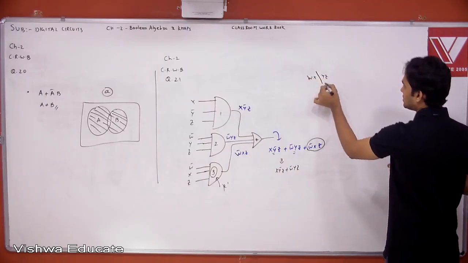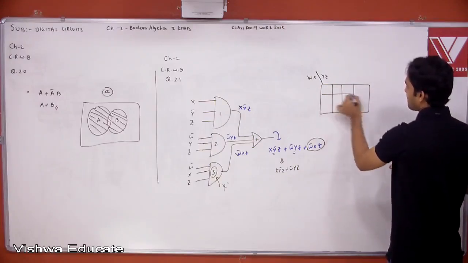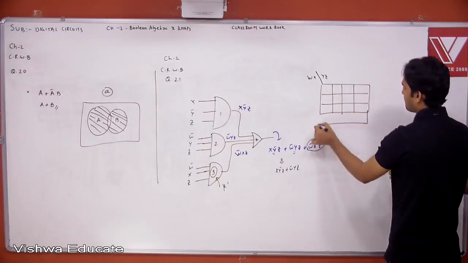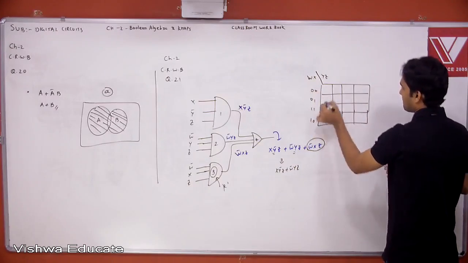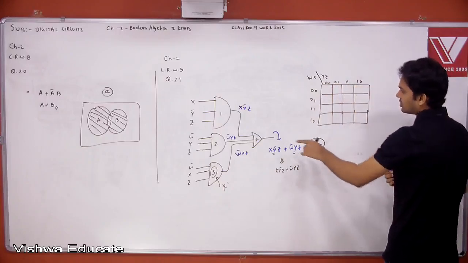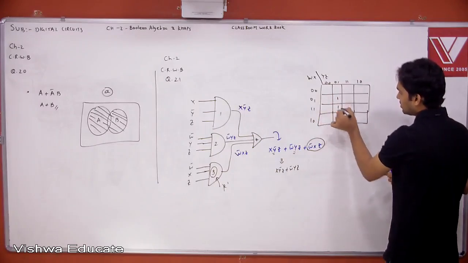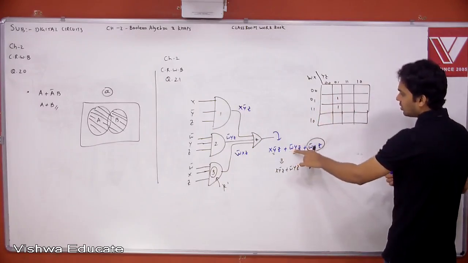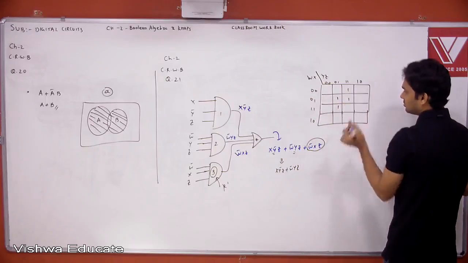W, X, Y, Z. Okay. What is that? X, Y bar, Z. X should be 1, Y bar, Z. W bar, YZ. So W 0, YZ.